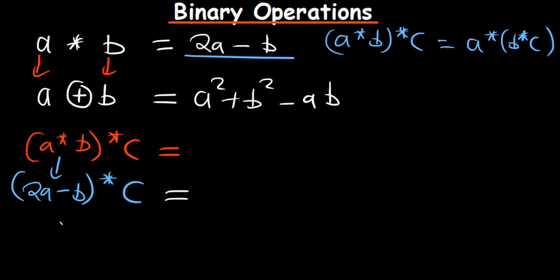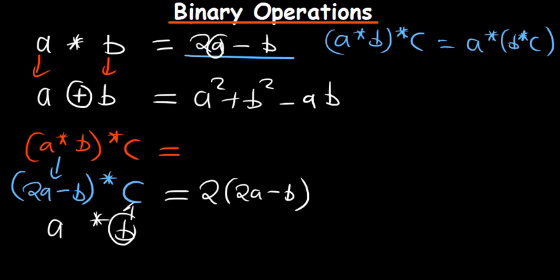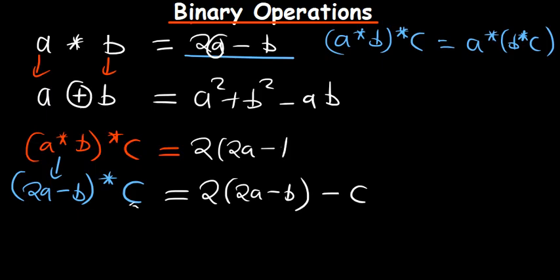So where there's A, we're going to put 2A minus B, and then where there's B, we're going to put a C, since they are matching like this. Okay, so that's what we have for that part. So we found A star B star C. It's 2A minus B minus C.